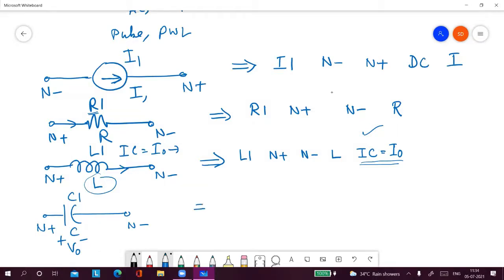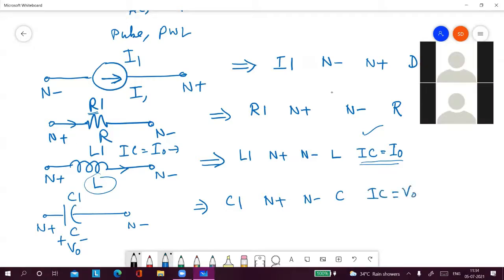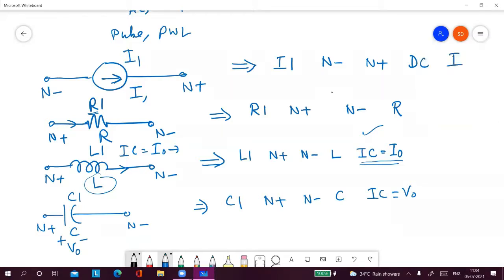In that case, the SPICE statement for the capacitor is C1 n plus n minus, then the value of the capacitor, and the initial condition IC equal to V0.